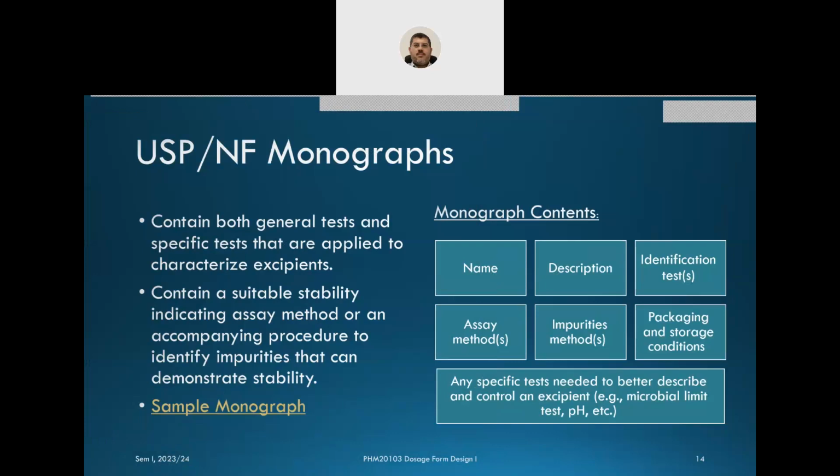Then if you want to write the SOPs for the tests you'll do in the quality control department, to verify that the supplied excipient conforms to the specifications and you can use it in your production, then you refer to the pharmacopoeia. You can find the required tests, the accepted results, and the procedure. It is written there.